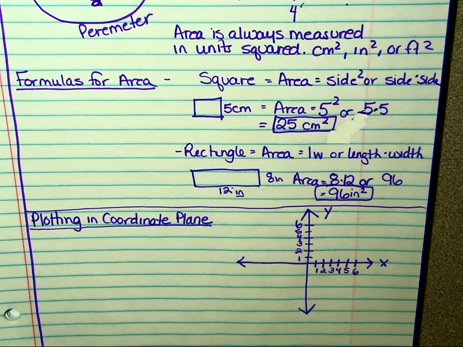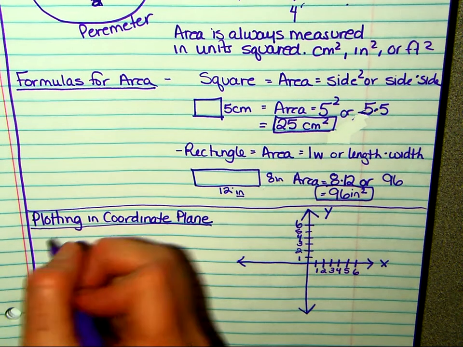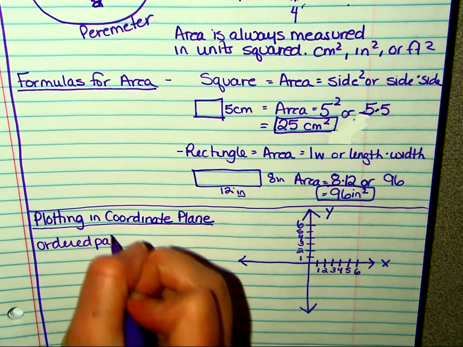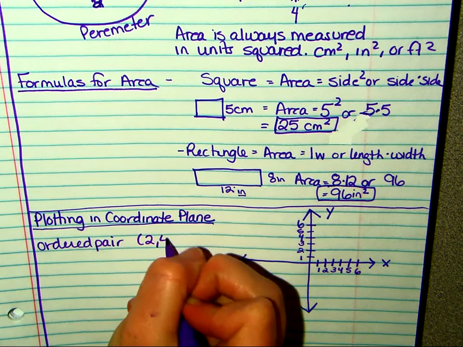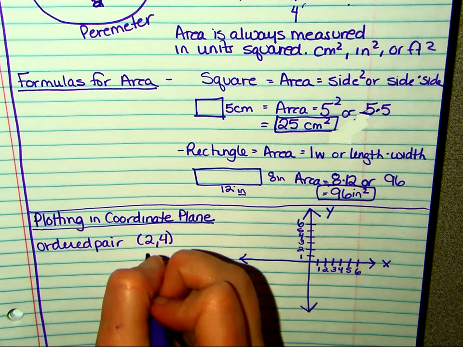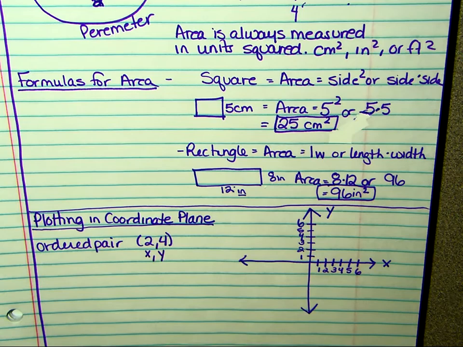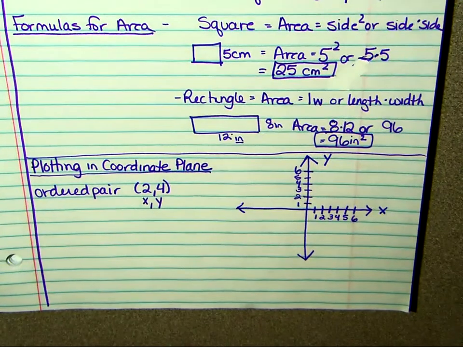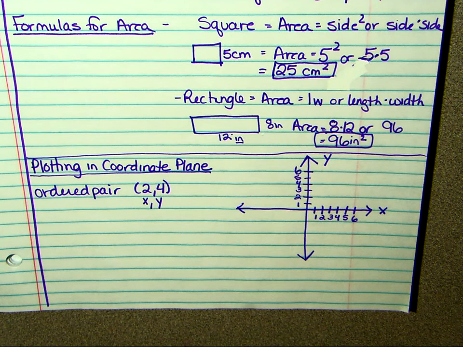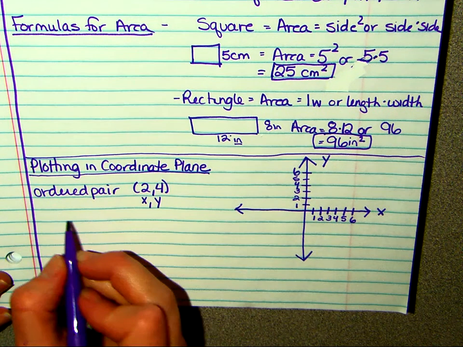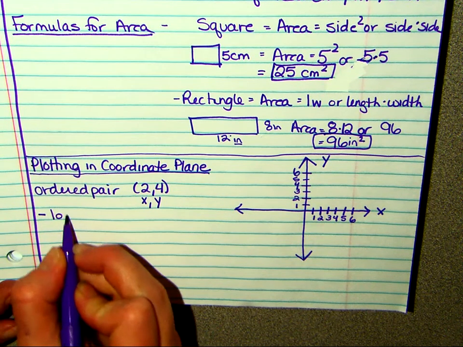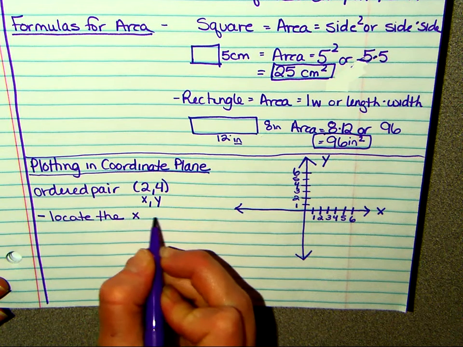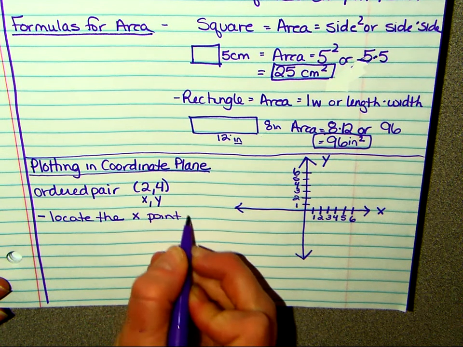And you've known that an ordered pair is like this, 2, 4. It has an X value and it has a Y value. And you hopefully remember that you first locate the X point on the X-axis.